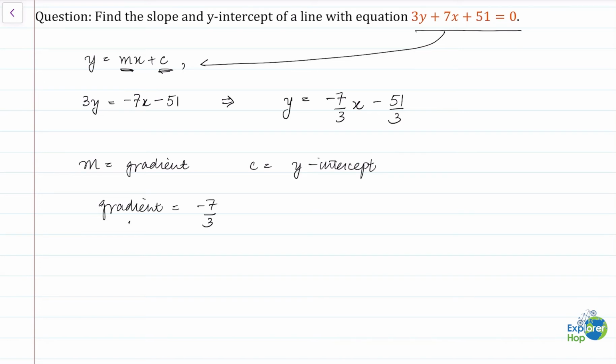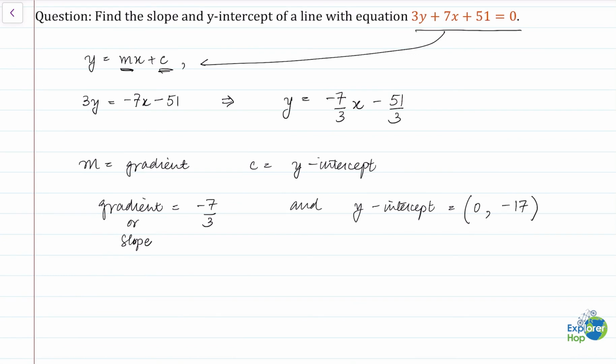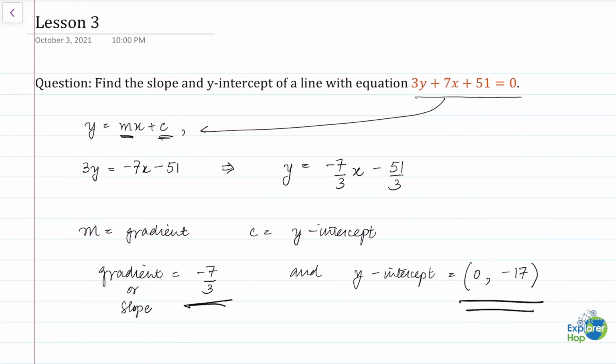Gradient or slope of the line is minus 7 by 3, and the y-intercept is 0 comma minus 51 over 3, which is basically minus 17. So we were easily able to find the y-intercept and the slope of a line for which we were given the equation.